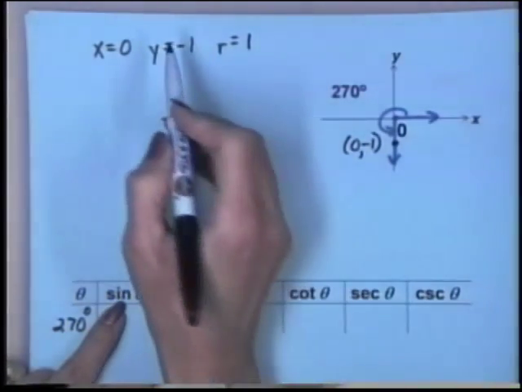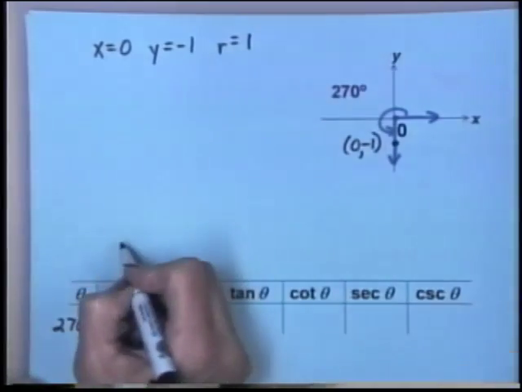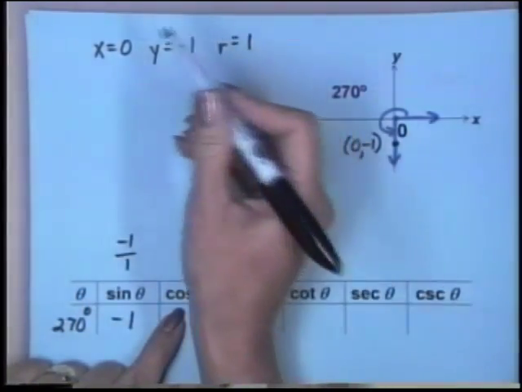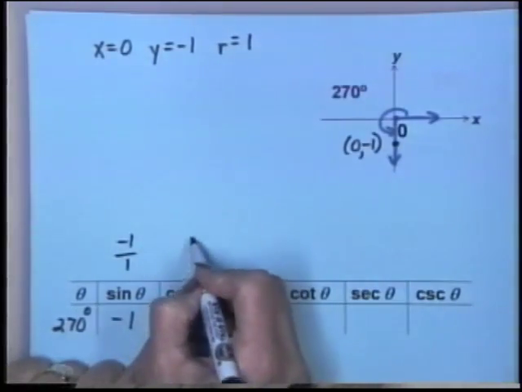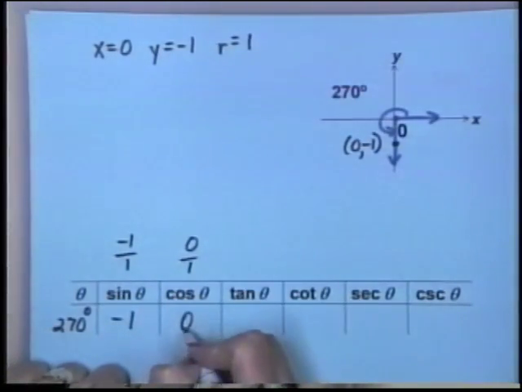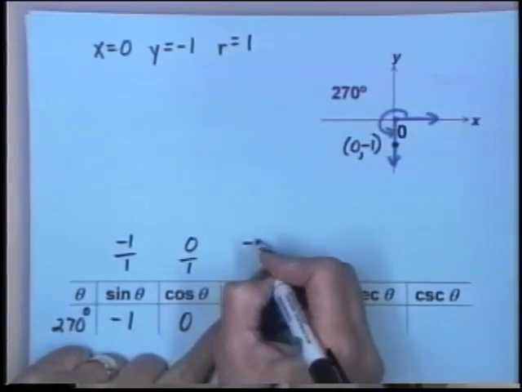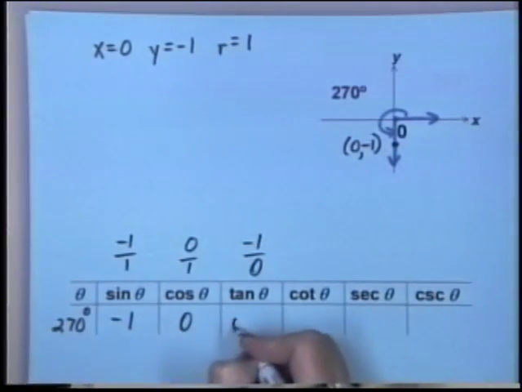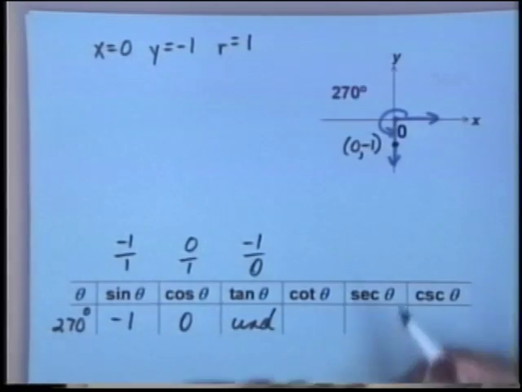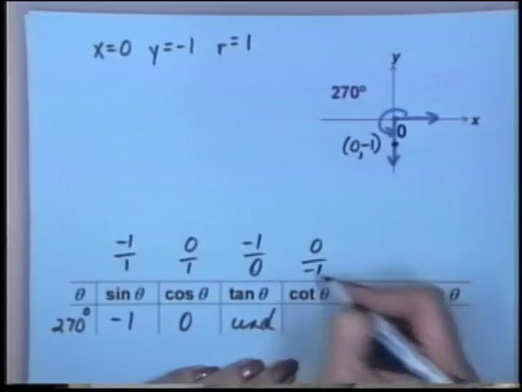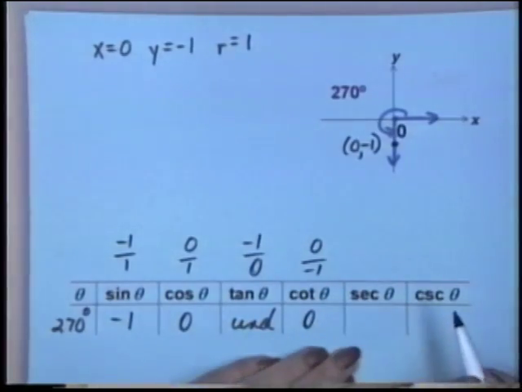For my sine, y over r equals -1. Cosine x over r is 0. Tangent y over x is undefined. Cotangent x over y is 0.